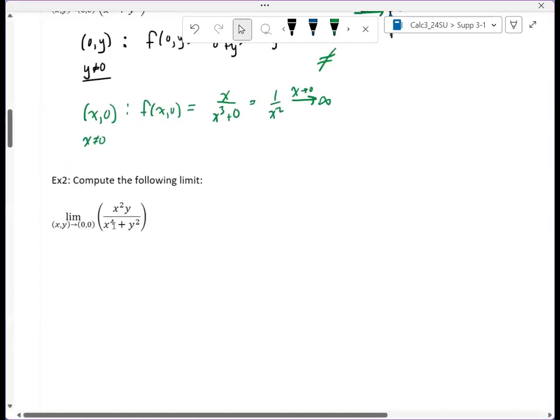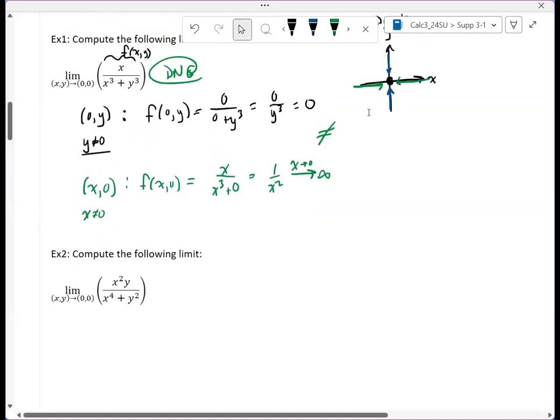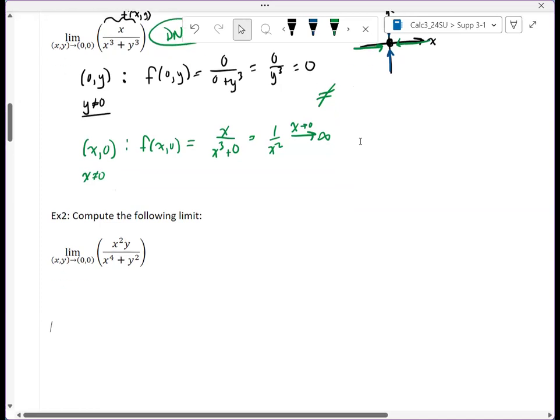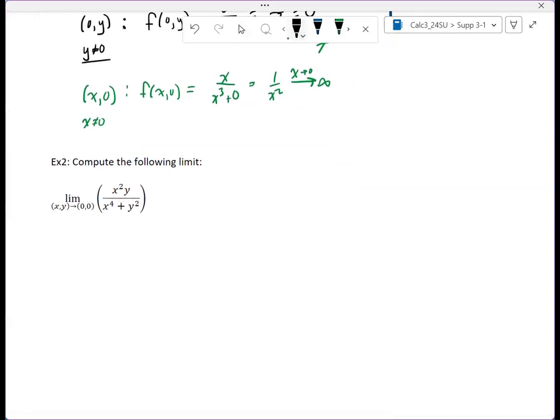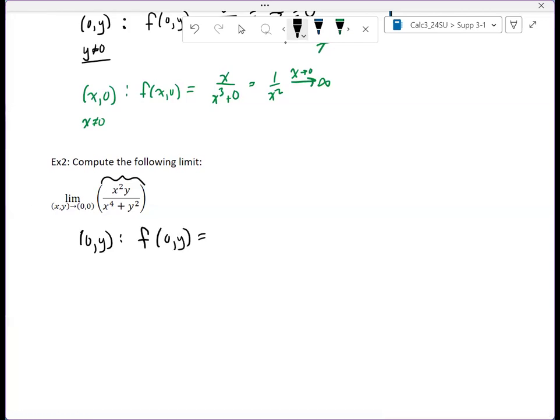Now here, let's try the same trick. I could pick lots of different paths to approach 0, 0 on, but let's try along the y-axis, then along the x-axis, and just see what happens. So along 0, y, what happens? Again, I'll just always call this function f. Well, f of 0, y, when x is 0, y is non-zero.